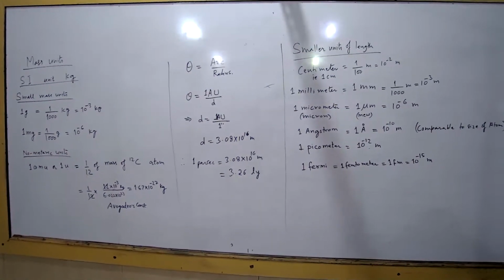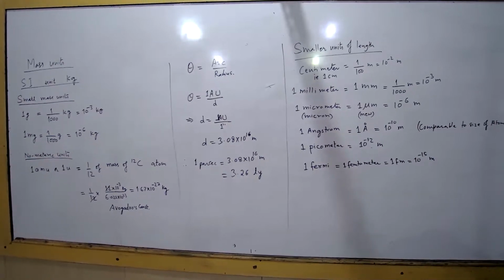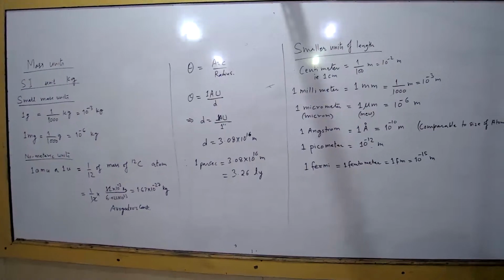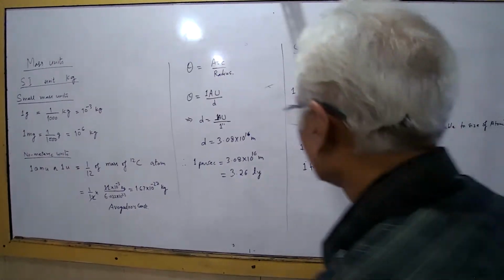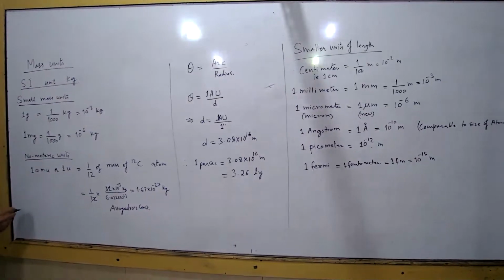Okay. Now, so have you understood? So likewise, this is non-metric. We have another non-metric unit, which is the solar mass. Now we go to the bigger units.